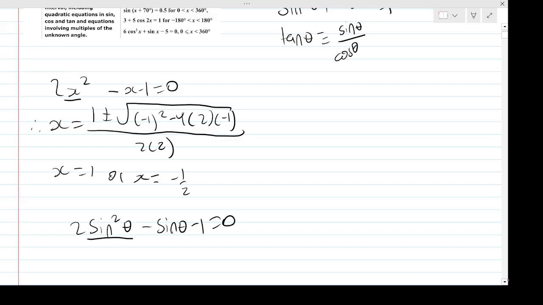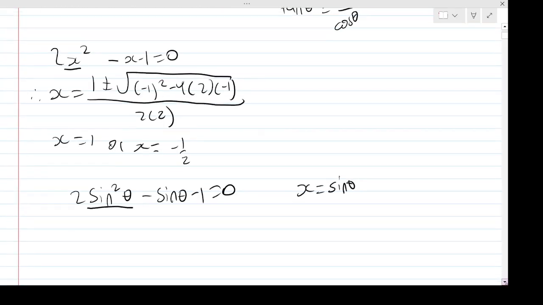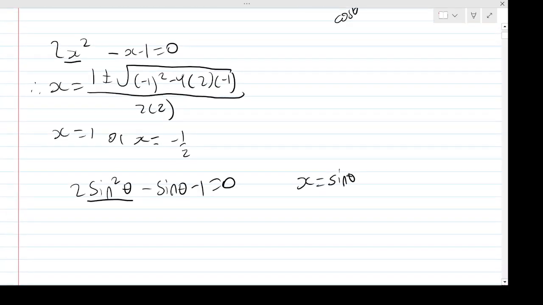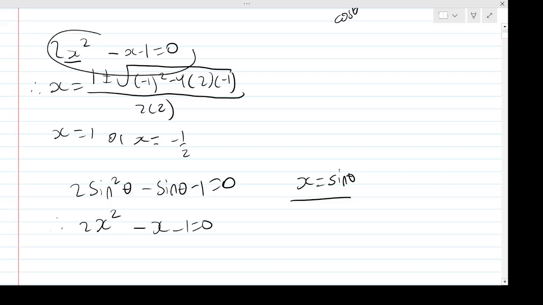So if we use the substitution x is sine theta and substitute that in, sine squared theta would be x squared, so that'd be 2x squared minus x minus 1 equals 0. Well, that's the exact equation we solved.